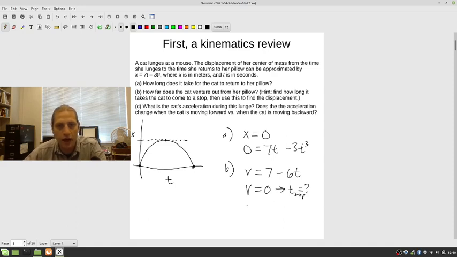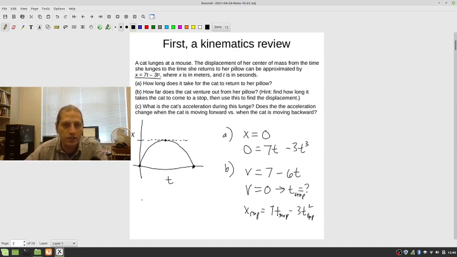And then if you have that t stop, you can go ahead and calculate your x stop, which would just be 7t stop minus 3t stop squared from this.